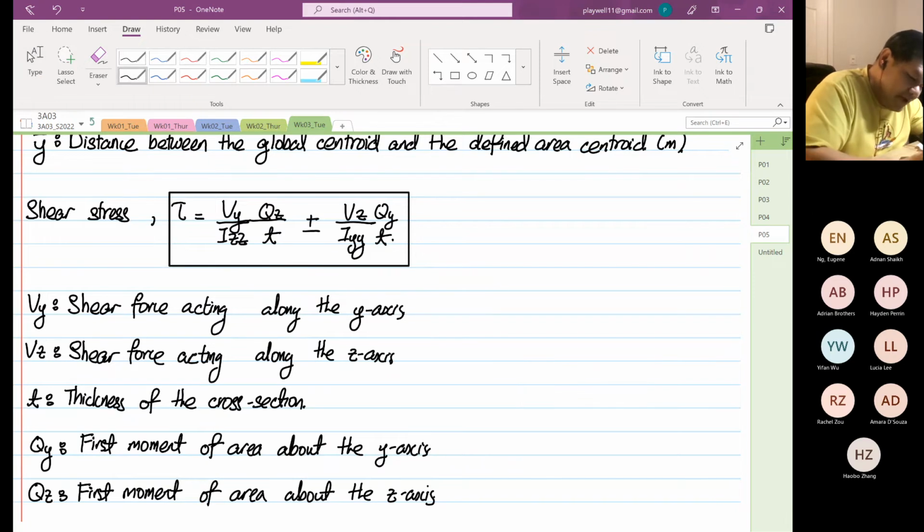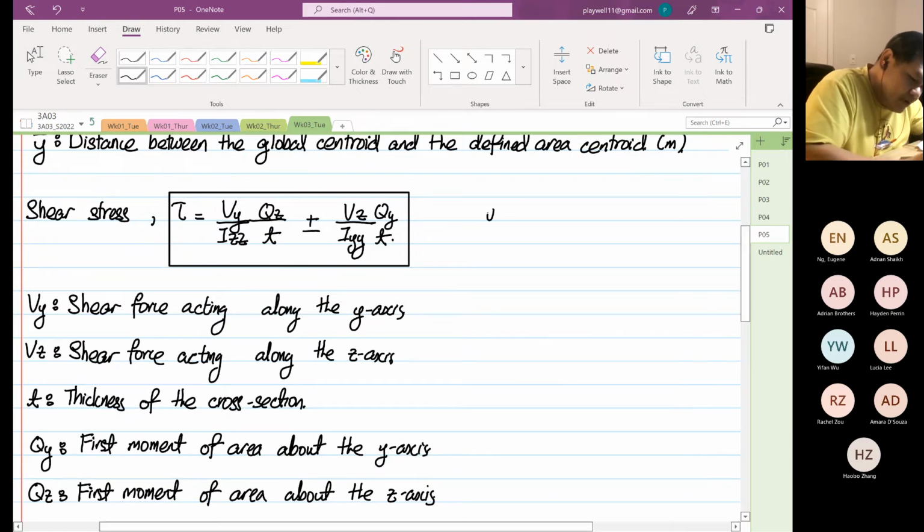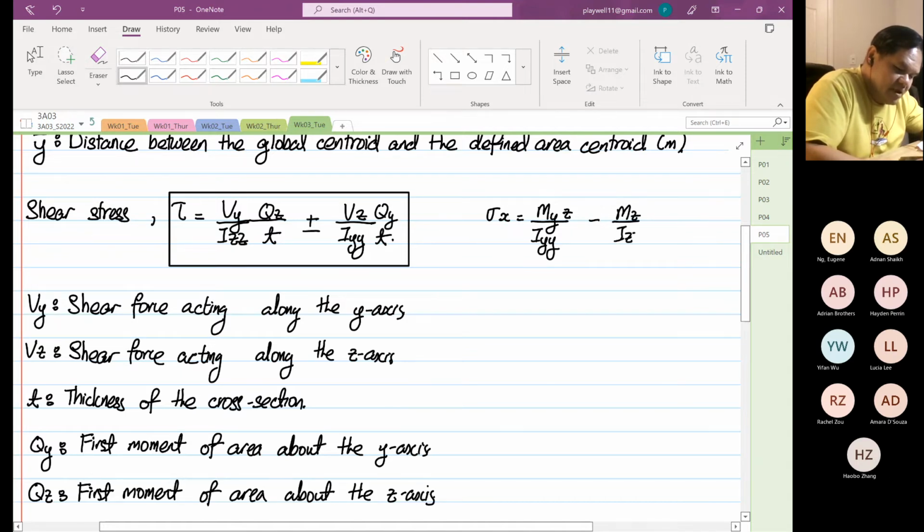What do I mean? In bending moment, you have My over Iyy, the second moment of area, multiplied by z, then minus Mz over Izz multiplied by y. For this case, it's opposite.